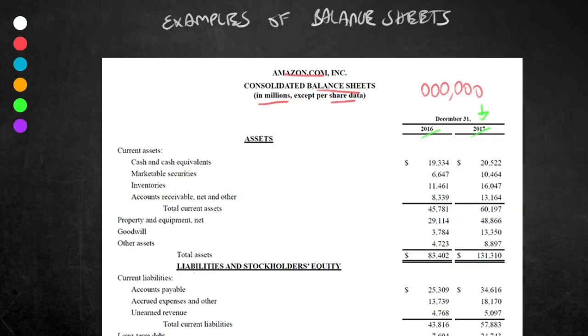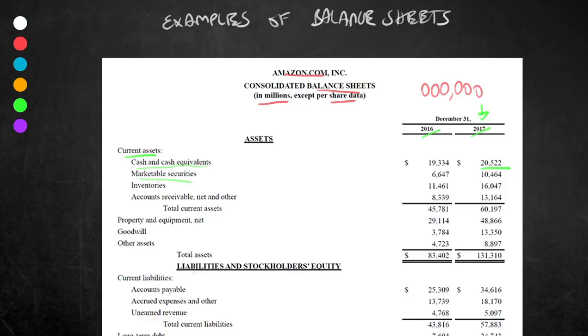The first thing, current assets, cash and cash equivalents. Cash and cash equivalents, which as we know are the most liquid of a company's assets, sit at $20,522, or if you added the millions data, it would essentially be $20,522,000,000 in cash and cash equivalents.